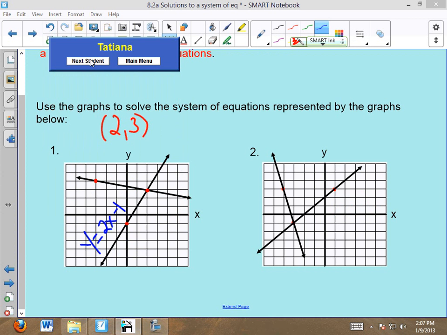Tatiana, what is the answer to the system of equations for number 2? If you need to, you can go to the board, or look on your paper.